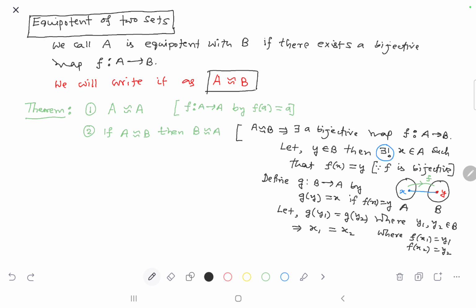So if we know x1 maps to y1, then g of y1 is x1, right?